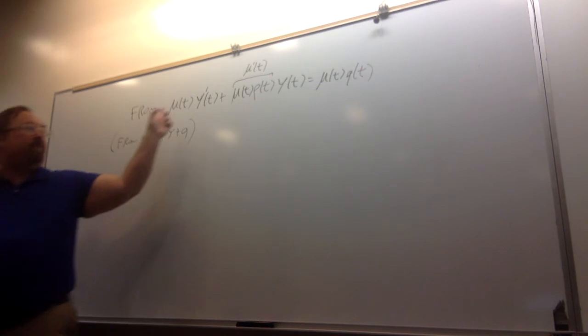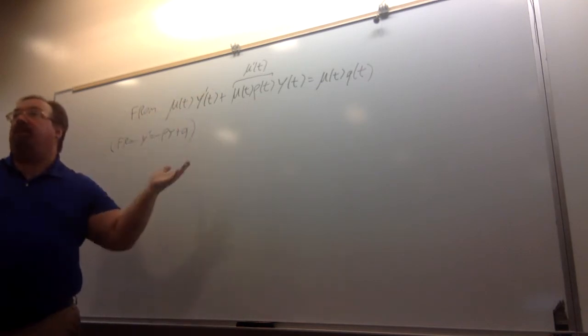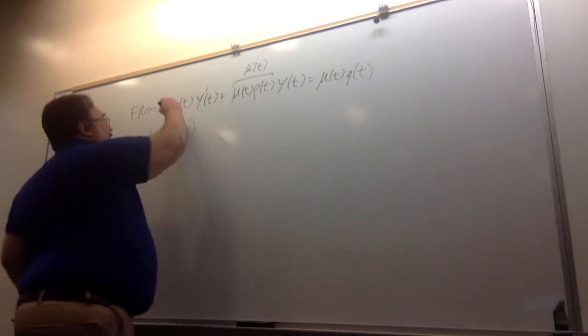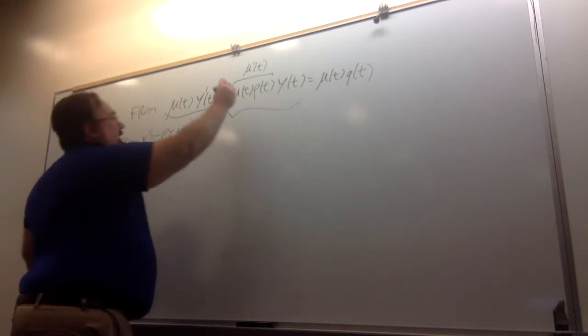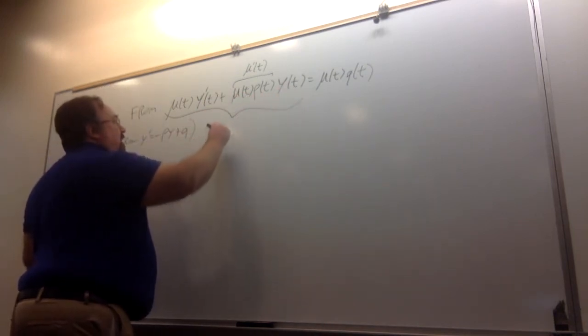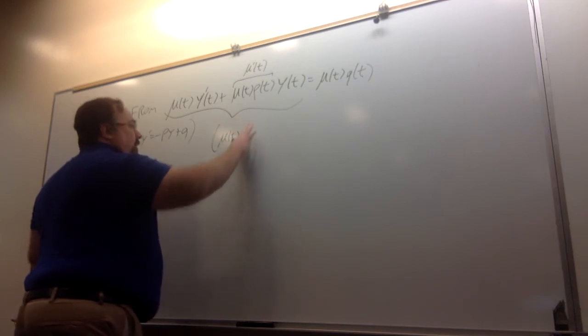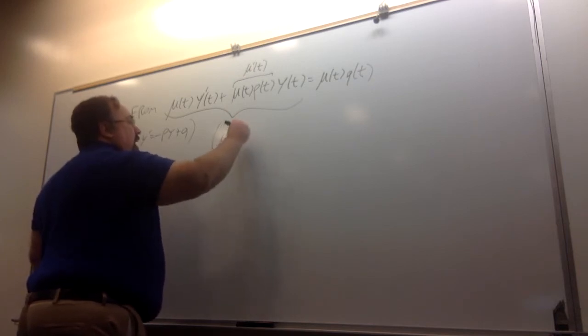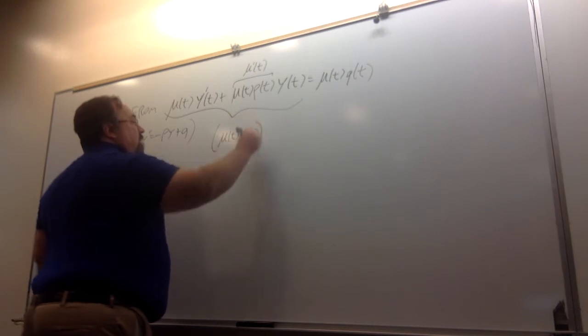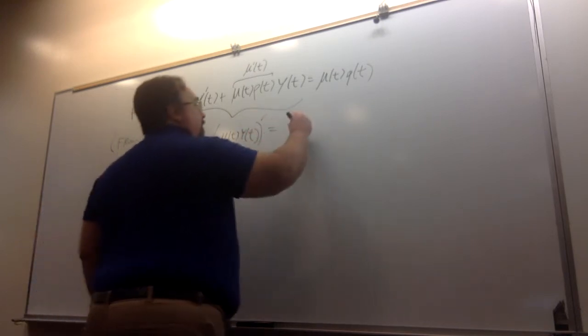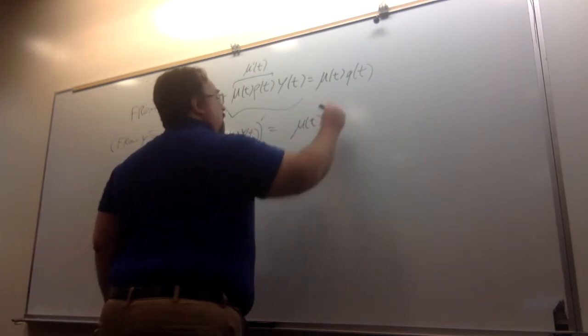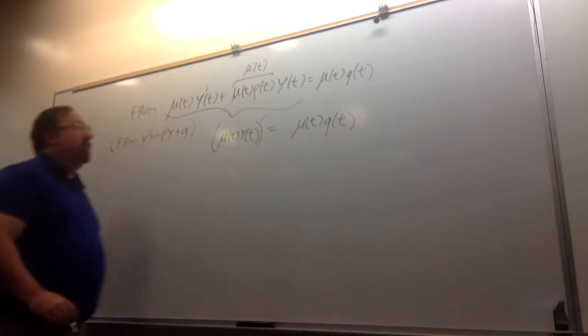Yes, that is the result of the product rule for differentiation. So I can condense this into mu of t times y of t, prime, is equal to mu of t q of t.